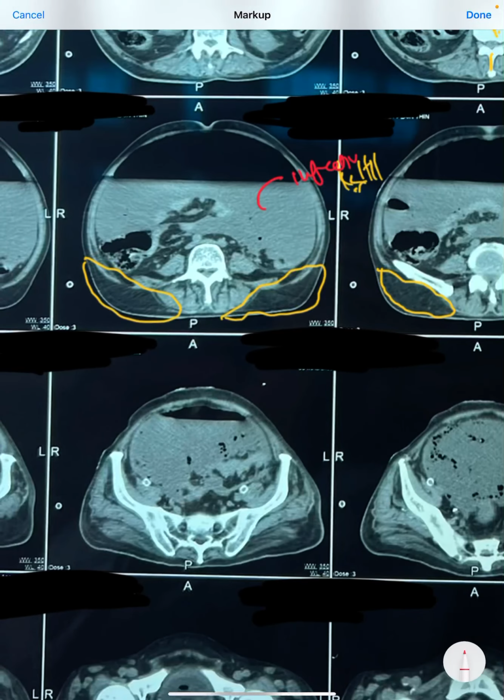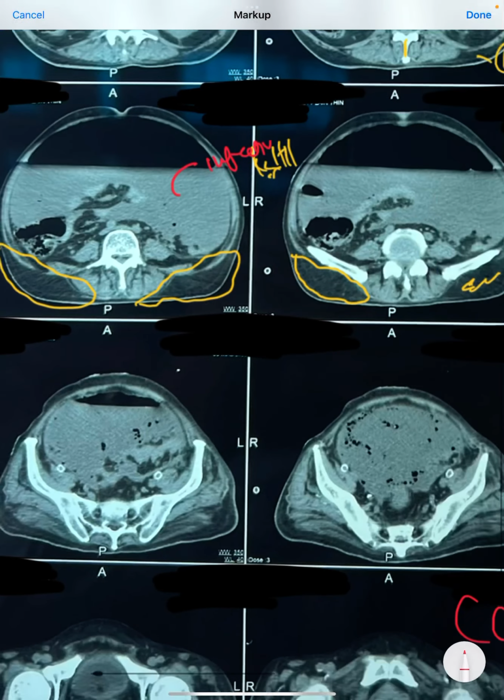Now how can we say that this is exudative ascites? If it is a transudate, as in congestive cardiac failure, hypoproteinemia, hypoalbuminemia or nephrotic syndrome, you will not see the air. See, this dense black structure is all air. Air tells us that there is digestion ongoing or there is rupture of the viscera.